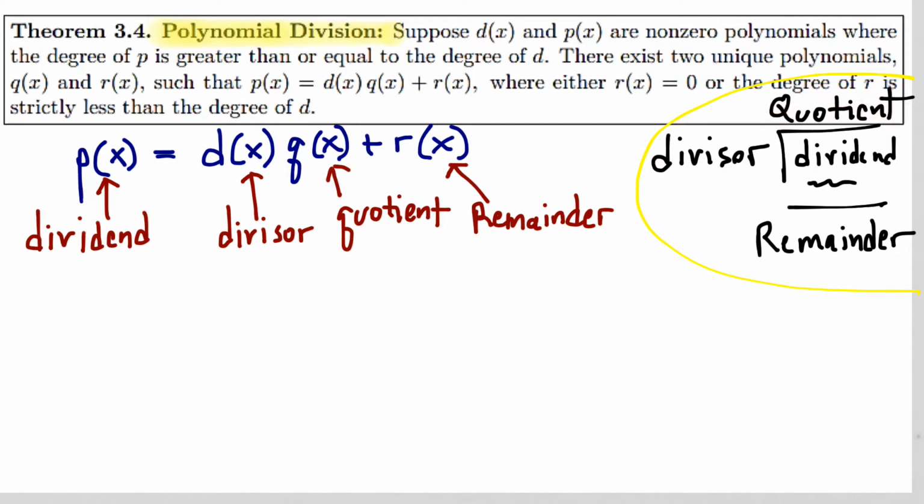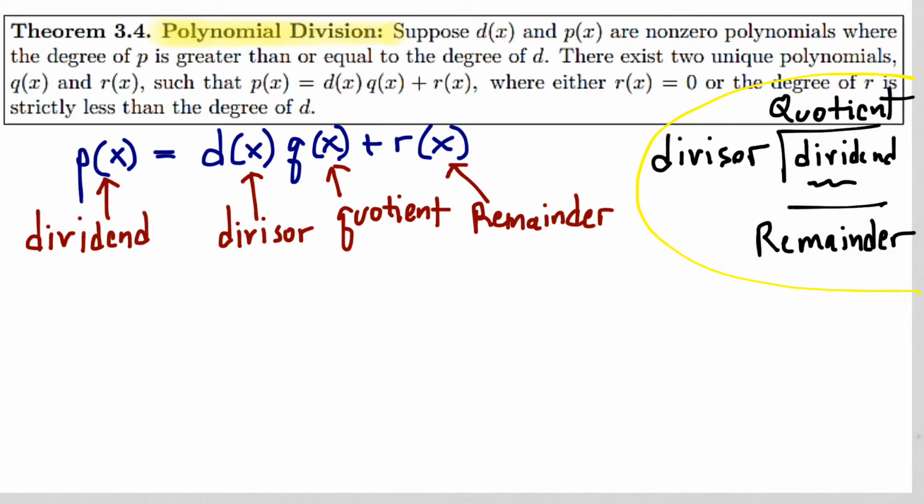That's how many times the divisor divides into the dividend. And whatever is left over after you carry through the algorithm, subtracting all the way down, is called your remainder. So what this equation says is that the dividend, the polynomial that you're dividing into, is equal to the divisor, this part out here, times the quotient, this part up here, plus the remainder.